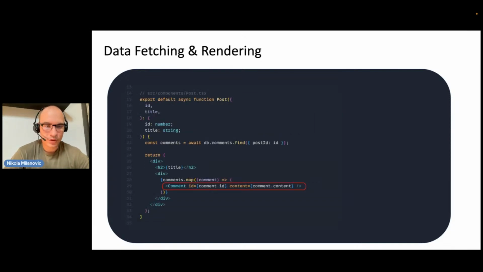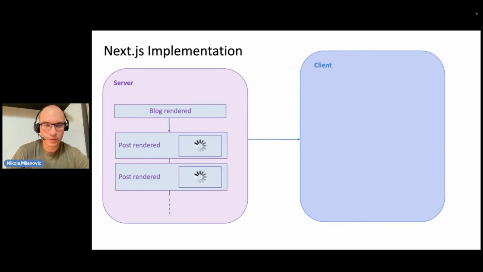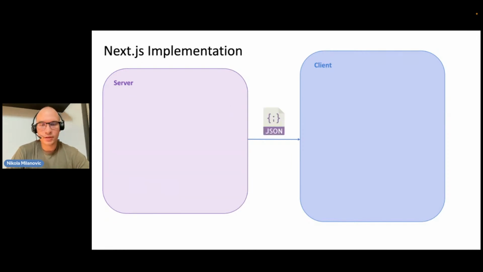So we just use it here now, and that will work because this is a server component that renders a list of client components. And we have another animation to see how this looks. We have the blog page, which is rendered, and then all the posts are rendered. For each post, we're also fetching the comments, so we're loading the comments, and then we're sending this as JSON to the client.